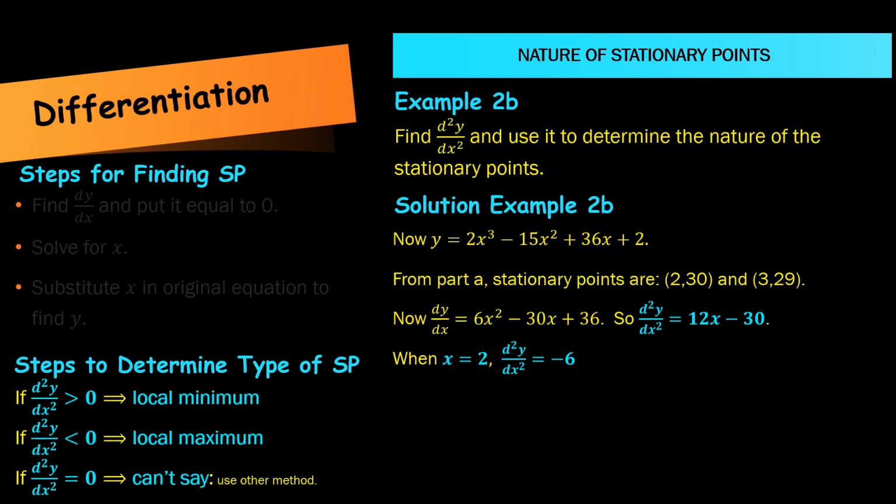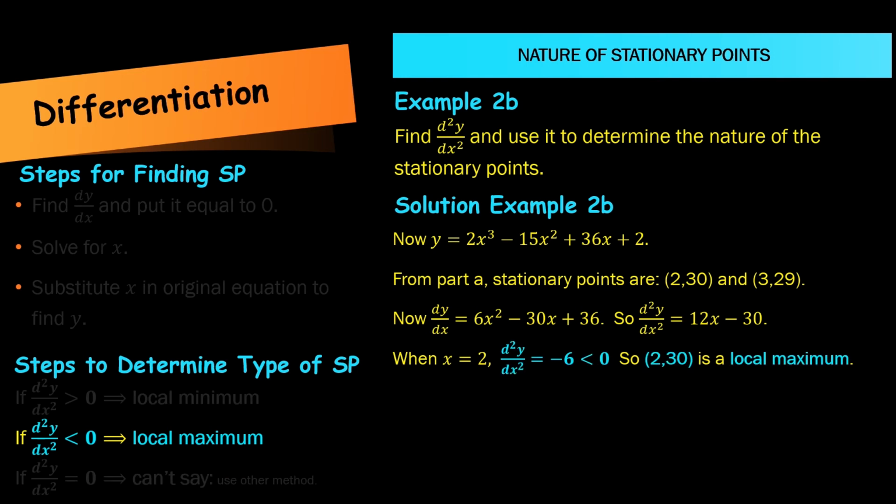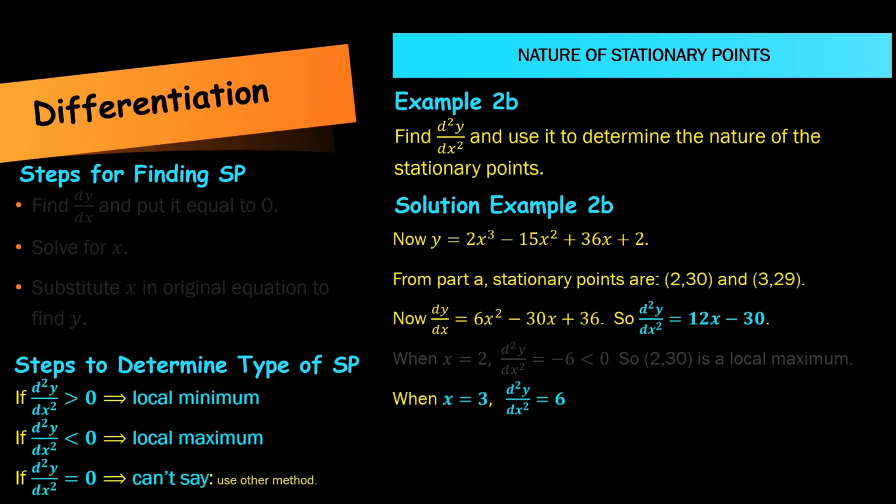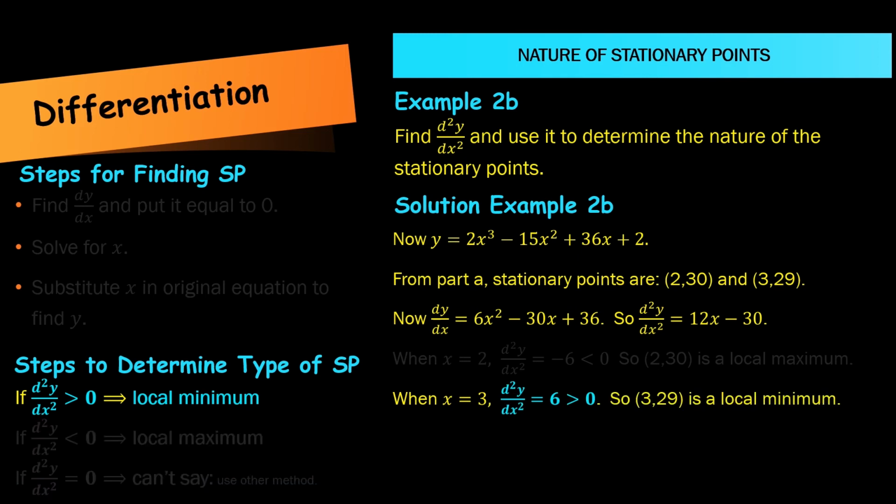This is less than 0, and therefore (2, 30) is a local maximum. Now when x equals 3, d²y/dx² equals 6. Clearly this is positive. And therefore (3, 29) is a local minimum.